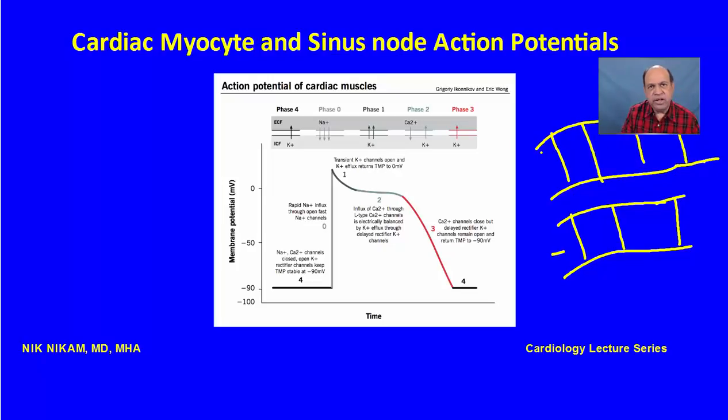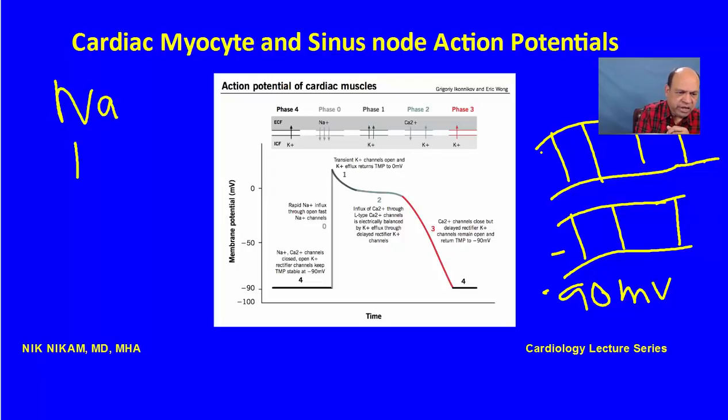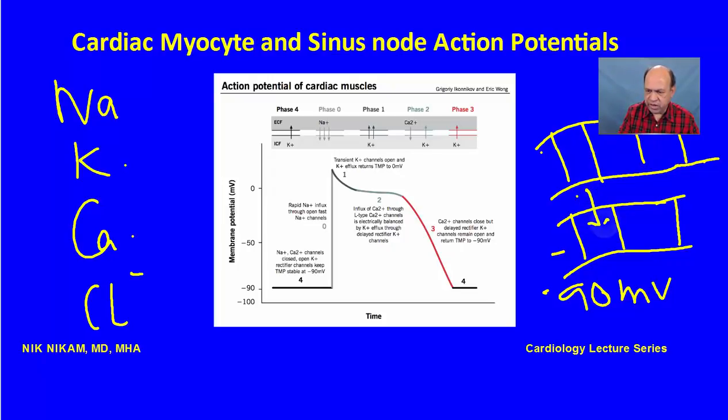The voltage inside the myocardial cell is minus 90 millivolts, and when it reaches a threshold of just about minus 80 millivolts, suddenly there is exchange of ions, namely sodium, potassium, calcium, and chloride. Mainly these four elements are exchanged from the extracellular space into the myocardium.